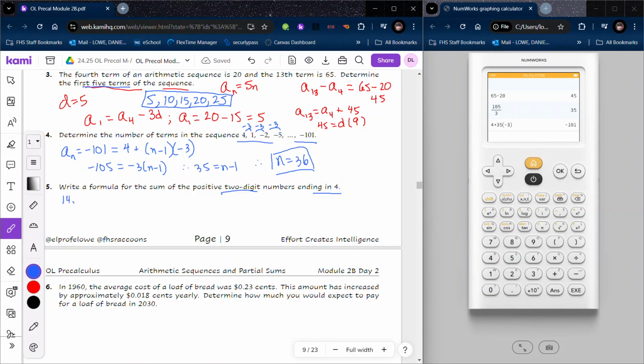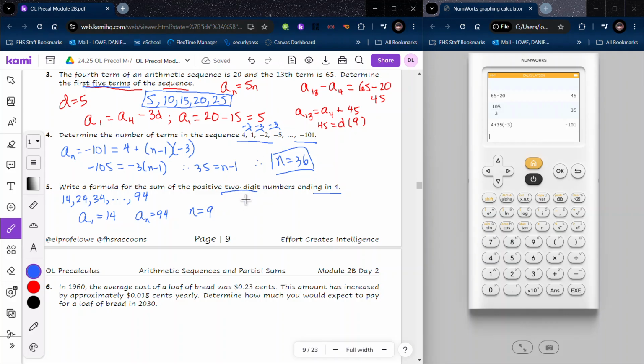The first one will be 14, then I'm going to have 24, then 34, and I'm going to go all the way till I get to 94. After that, I don't have 2-digit numbers anymore. So that means that my first term is 14, my nth term is 94. How many terms would I have? Well, I'm adding 10 each time, so I would have a total of 9 terms.